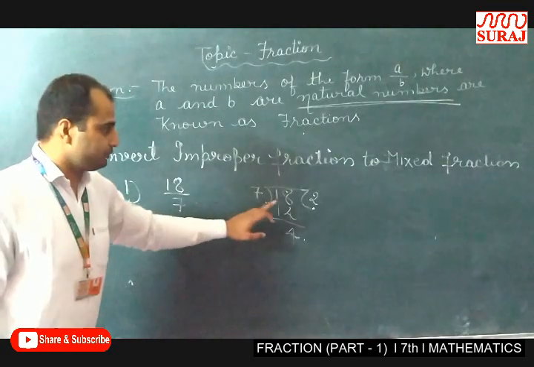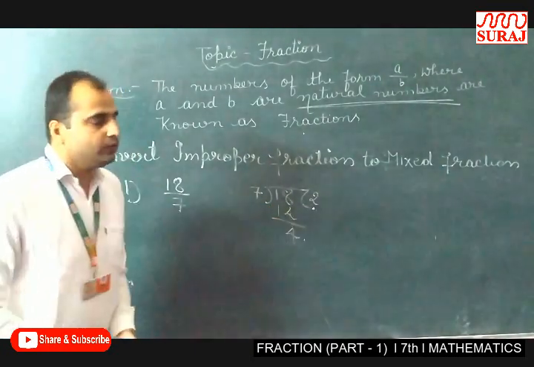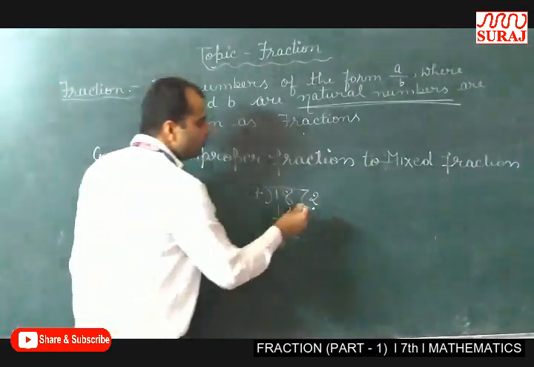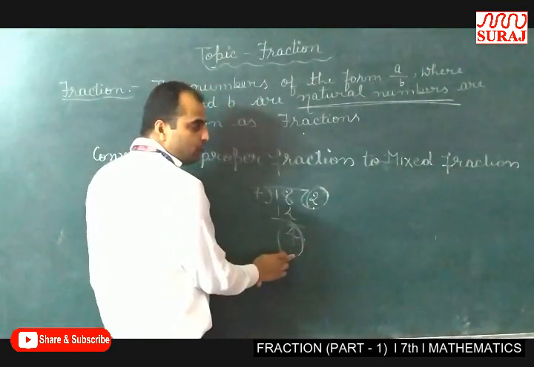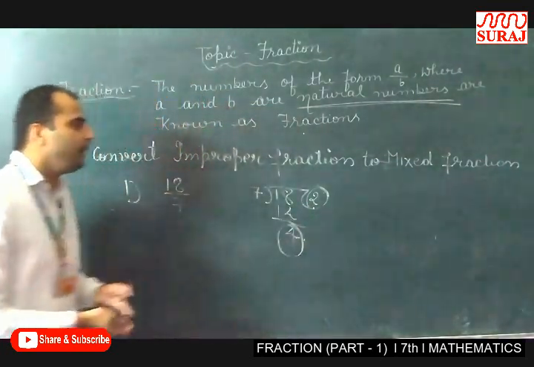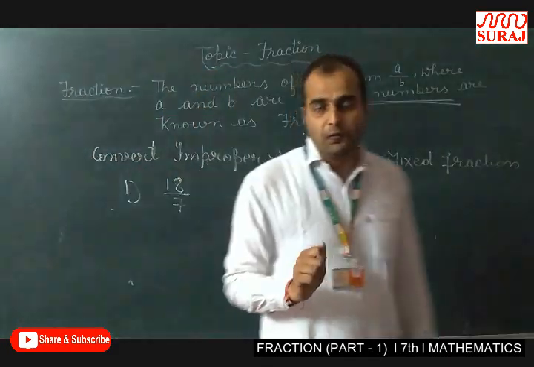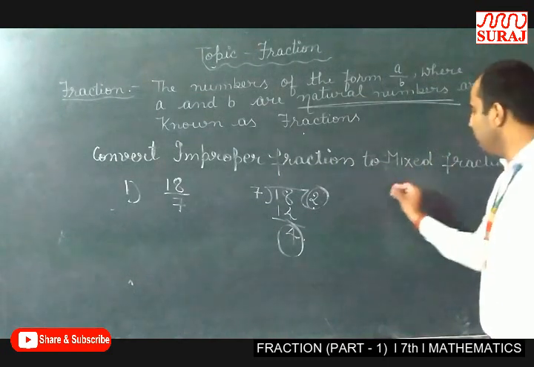So आगे हमारा डिवाइड नहीं जाएगा, तो अब हम इसको किसमें एक्सप्रेस करेंगे? मिक्स फ्रैक्शन. So 2 is the whole number, 4 is expressed as numerator and 7 is expressed as denominator. So one question arises here, what is a whole number?